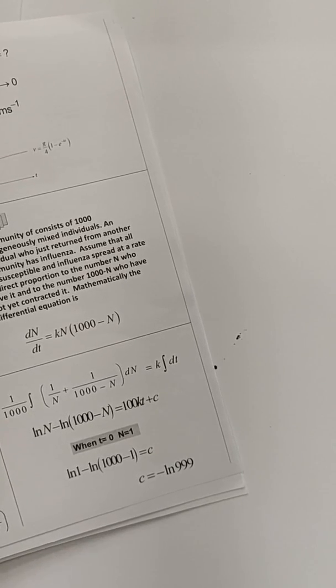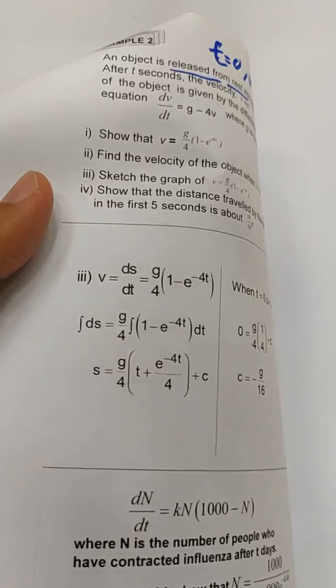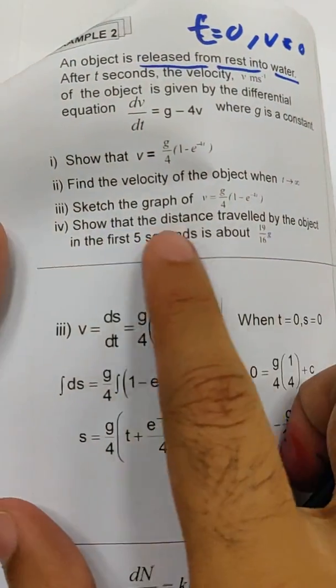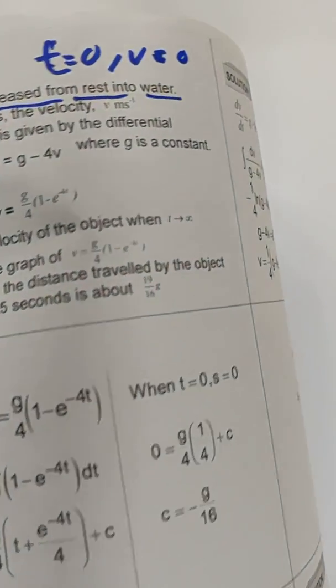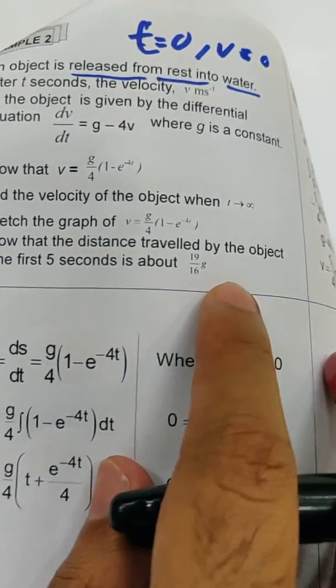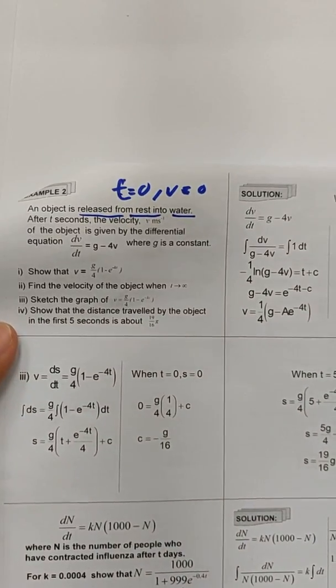Yeah, I see it. This one is no longer in the syllabus. Object travel is v times t. I think we can skip this question and go to more practical questions. Okay? All right, thank you.